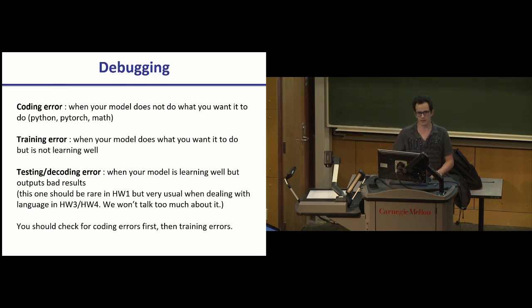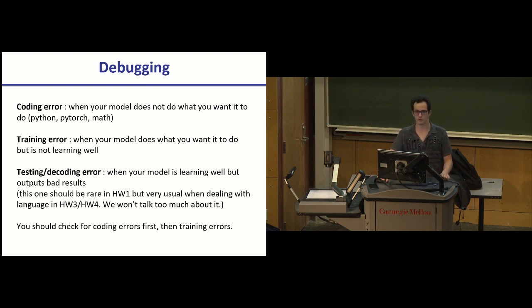So, in the debugging part, if I reorganize a little bit the things we've seen in the first slides, the three kinds of error you can have are a coding error, a training error, and a testing error. A coding error is when you want your model to follow a computation graph and it doesn't for some reason.